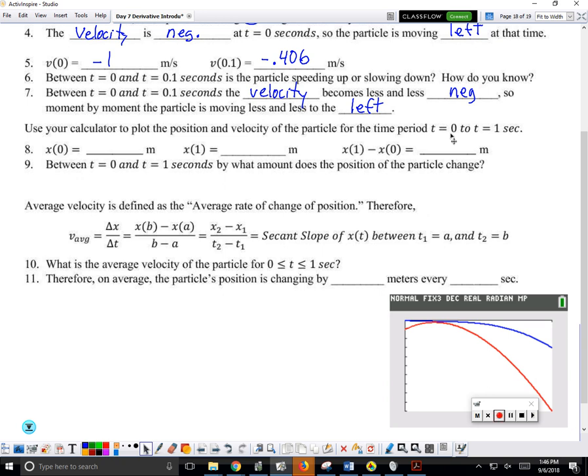And then zoom fit. So I don't care about the y, I care about the x. So I want to go from time equals 0 to time equals 1. If you're having trouble, this way you don't. It should look like this.